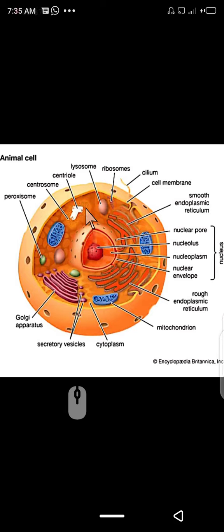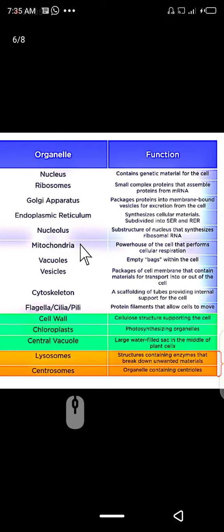We have the cytoplasm, the mitochondria, the nucleus, the lysosomes, the Golgi apparatus, the peroxisomes, and the centrioles. So it's a complex structure, very detailed, and we'll talk about these and their functions in the next slide.